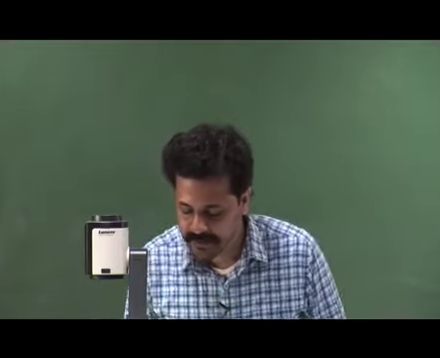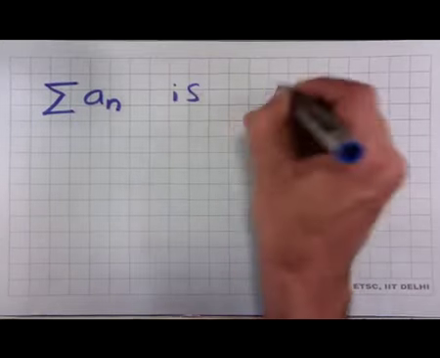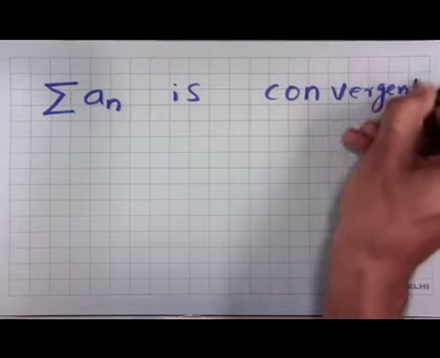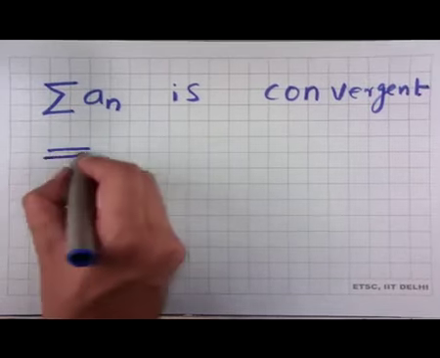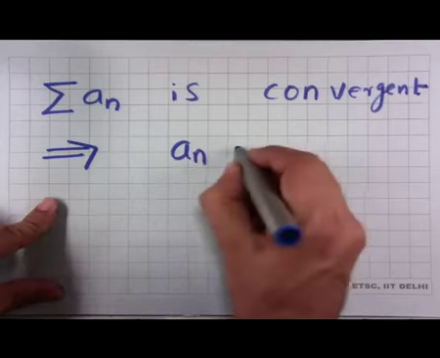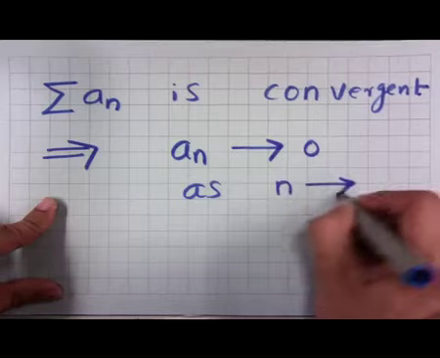Thus, summation an is convergent implies an tends to 0 as n tends to infinity.